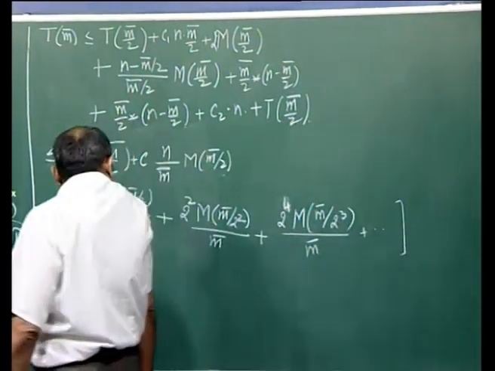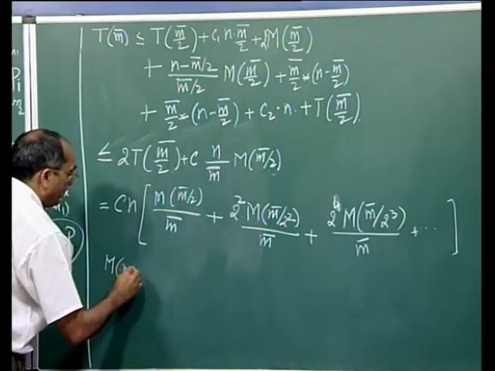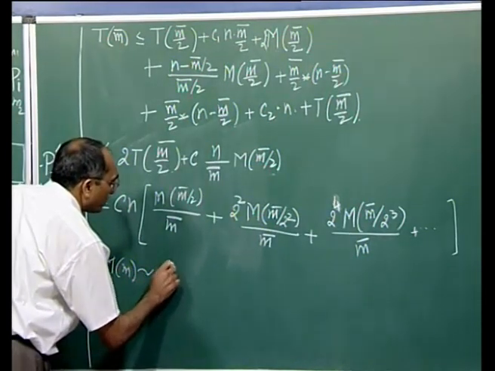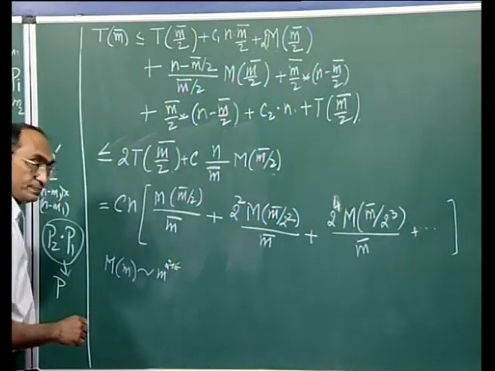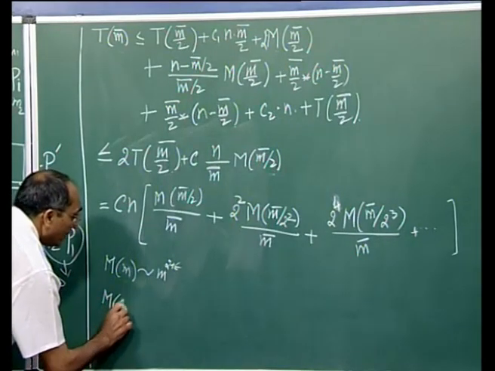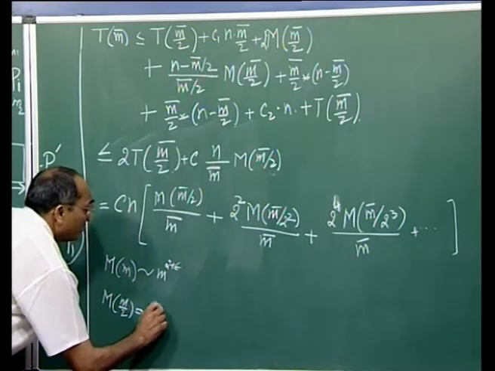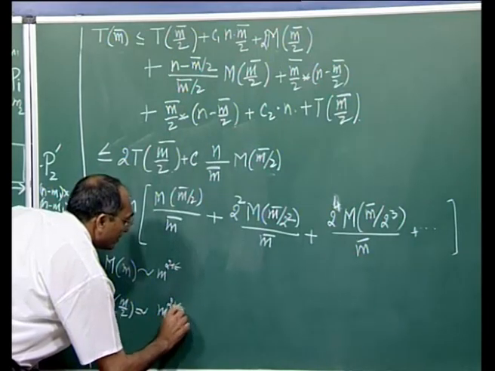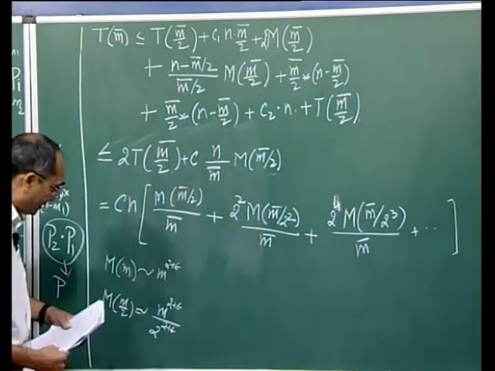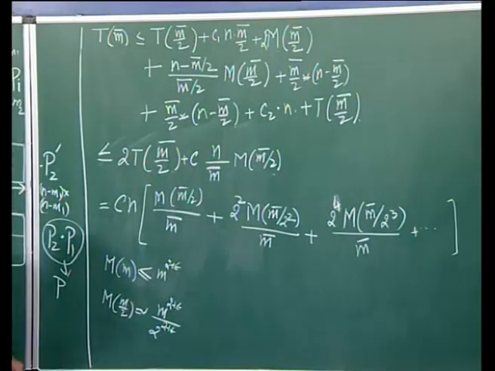Now, recall that M of m is about some m to the power 2 plus epsilon. So we can say that M of m by 2 is approximately m to the 2 plus epsilon by 2 to the power 2 plus epsilon, or we can say that there exists an epsilon from which we can bound this.